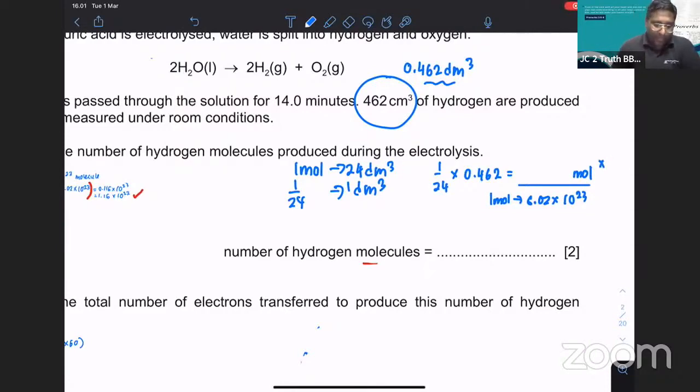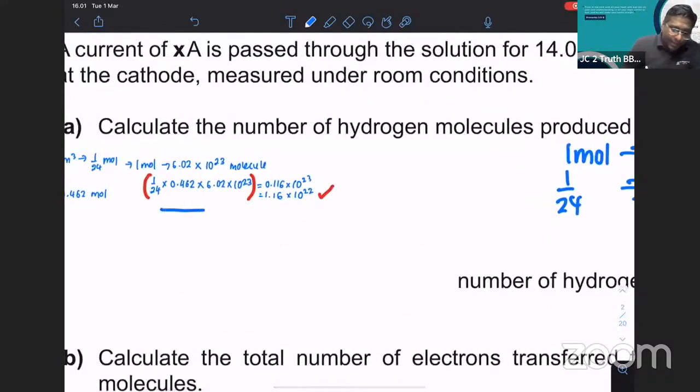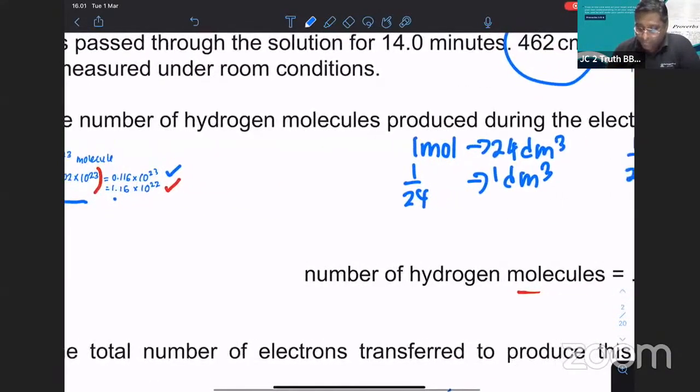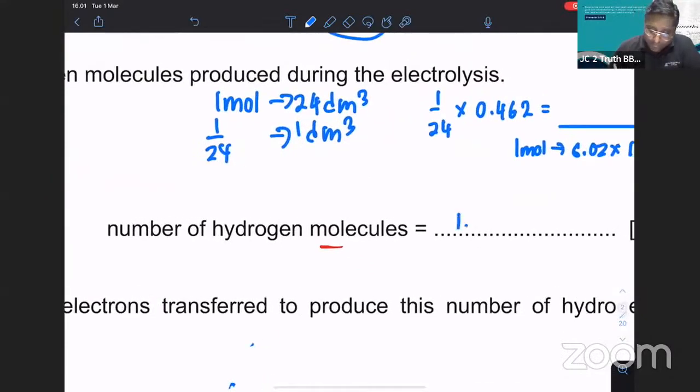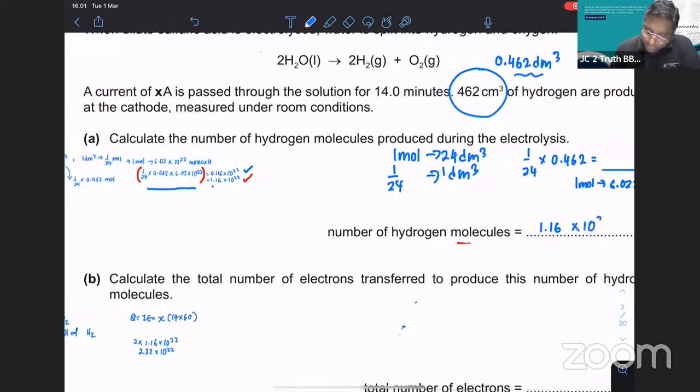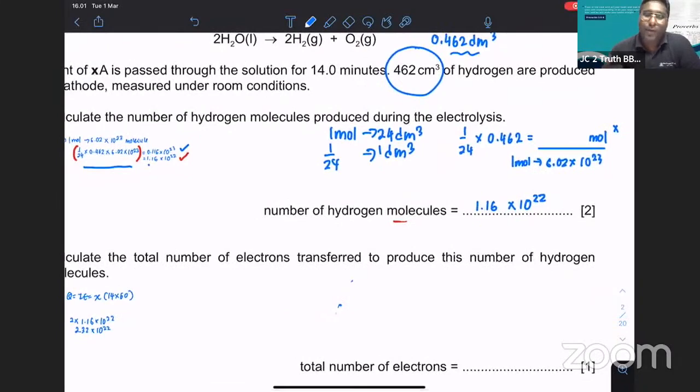Once you times that, as I have calculated earlier, you get 0.116 times 10 to the power of 23, which simplifies to 1.16 times 10 to the power of 22. I'm just going to write down over here 1.16 times 10 to the power of 22. That is going to be the number of molecules of hydrogen. If they ask you about the number of atoms, then you need to times by 2. So this one is the number of molecules.